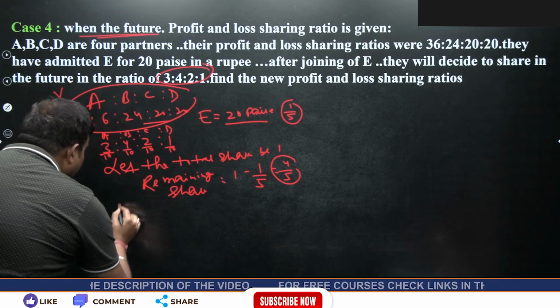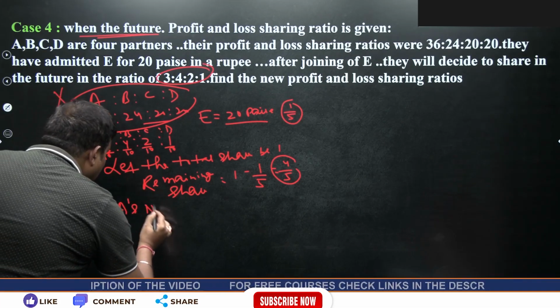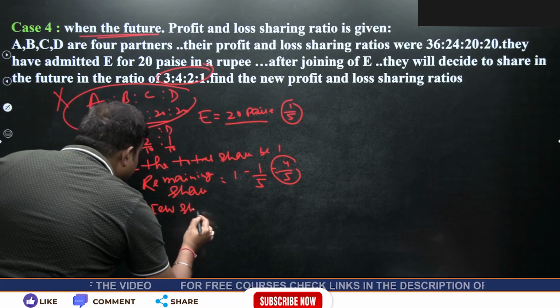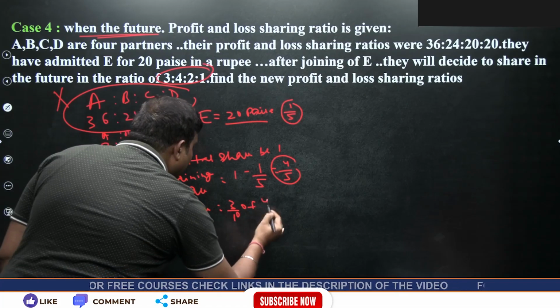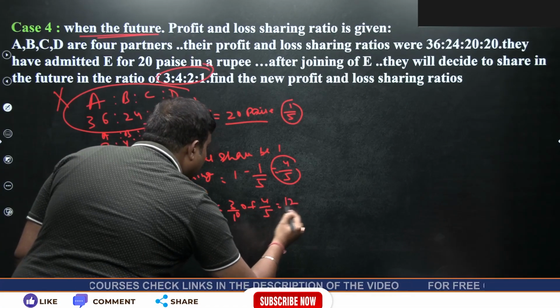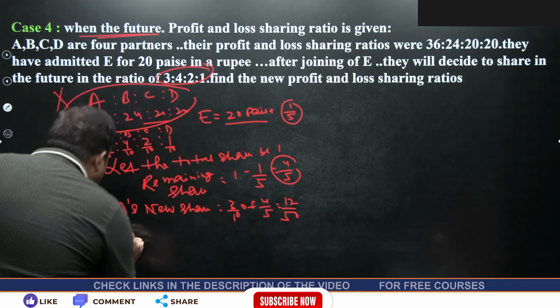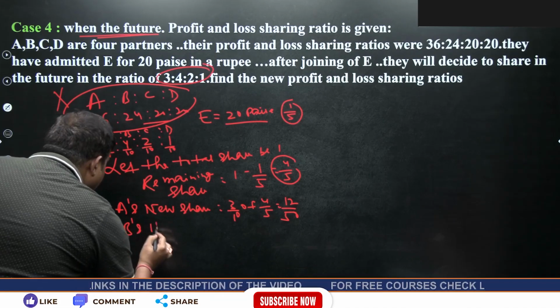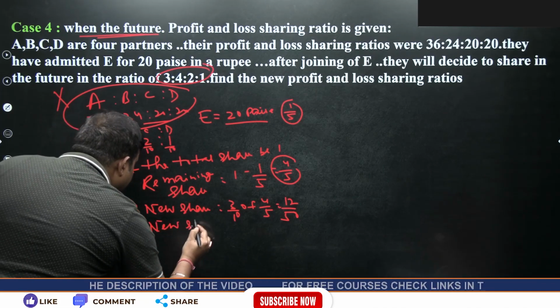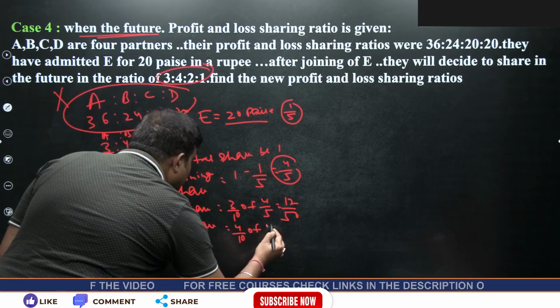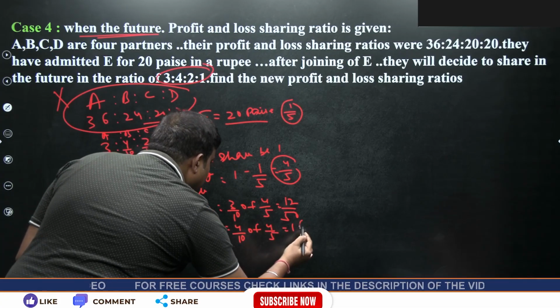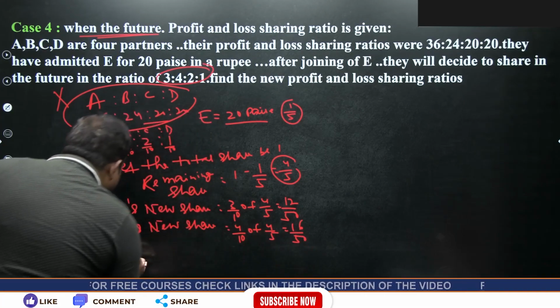Let's calculate. So basically A's new share equals to 3/10 of the remaining share, that is 4/5. So it means 12/50. Now B's new share equals to, so this should be 4/10 of 4/5. So it means 16/50.